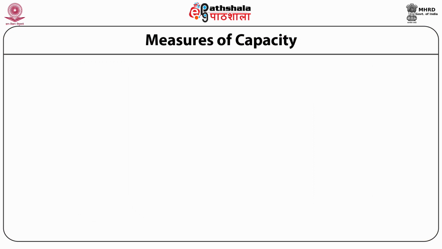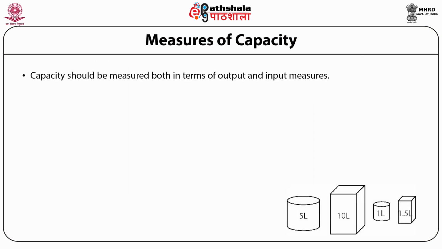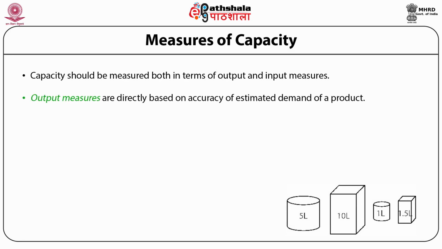Measures of capacity. Capacity should be measured both in terms of output and input measures. Output measures are directly based on accuracy of estimated demand of a product. A firm would increase its manufacturing capacity if increase in demand is certain and it is for long term.